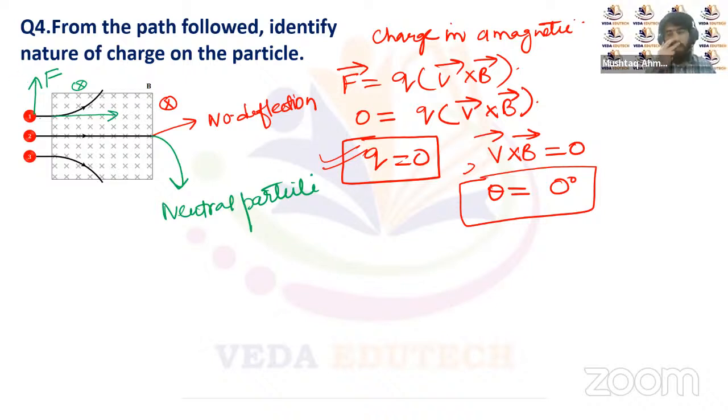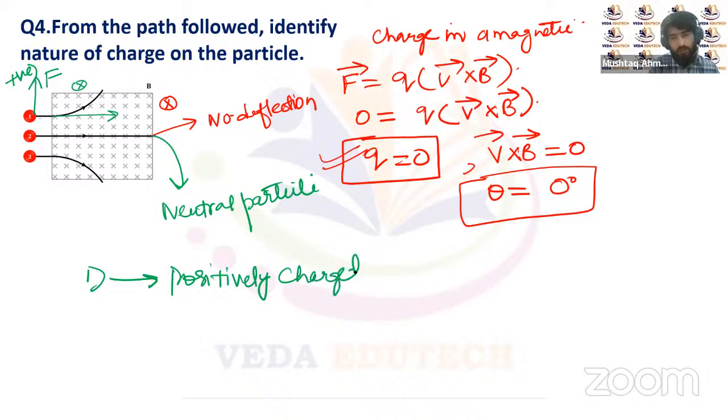If V cross B is in the upward direction, this particle will be a positively charged particle. So particle 1 will be a positively charged particle.